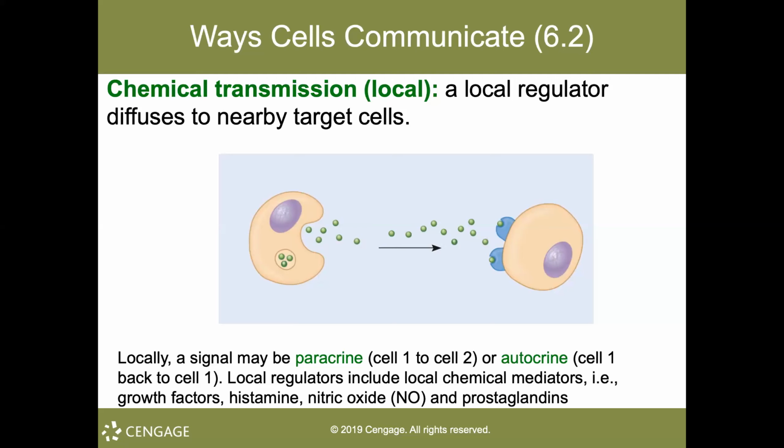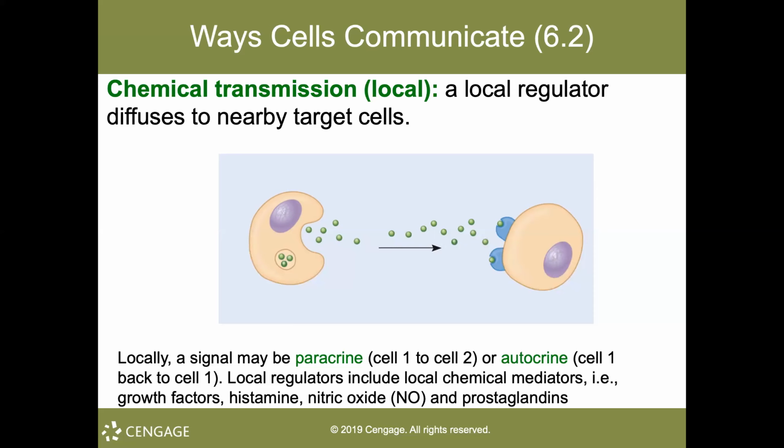Growth factors are chemicals that are responsible for stimulating cell division or sometimes growth of the target cell. Histamines are stored in immune cells, and are released for allergic reactions. And then you have nitric oxide.